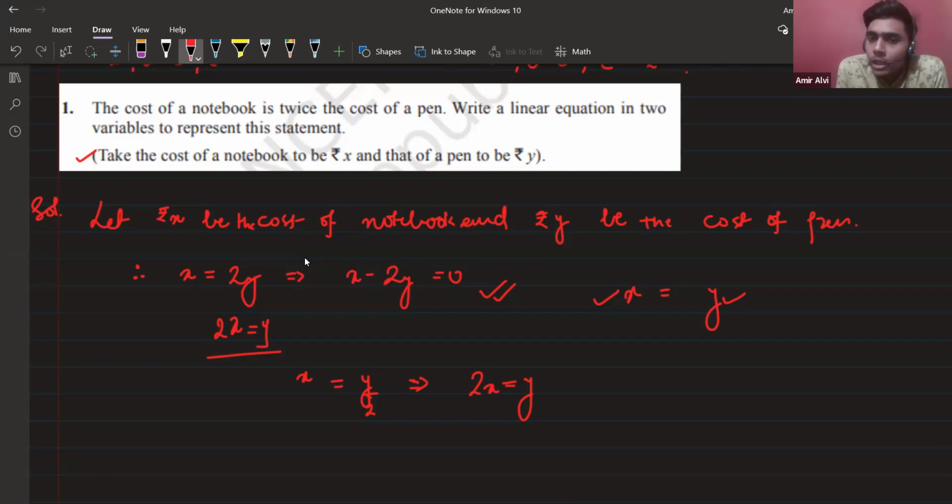Whenever there is a small number, if the question is saying that the cost was double, if you add this number to this, then we always multiply on the smaller side. Okay? Any doubt? No.